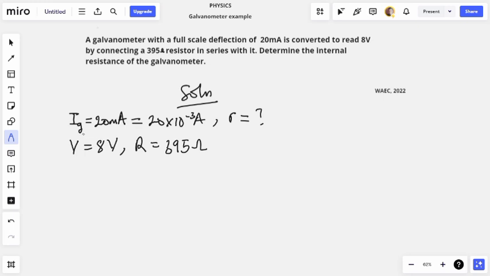Having listed out your parameters, the next thing you have to do is to find the formula or concept that is suited for the question. Here they are talking about a galvanometer that is converted to read a voltage.